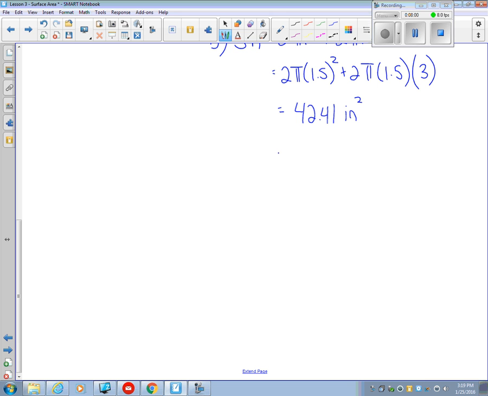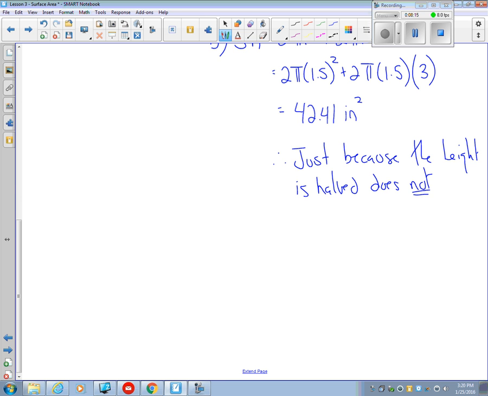So no. Just because the height is halved does not mean the surface area is halved, which I'm hoping would make sense because surface area involves more than just height. It involves the radius of that object too. So we'd have to deal with both things if we want to deal with half of the surface area.